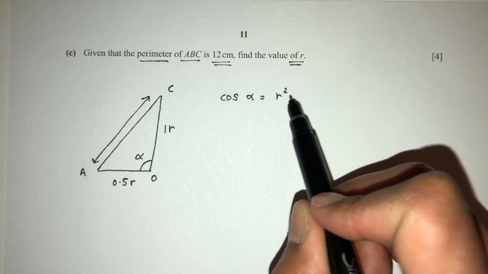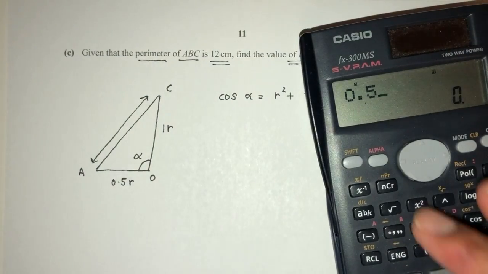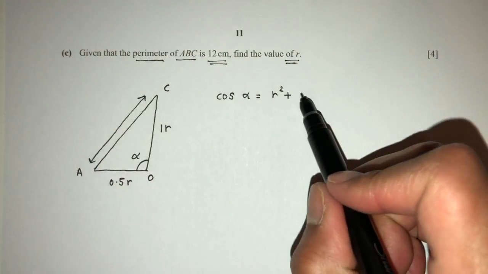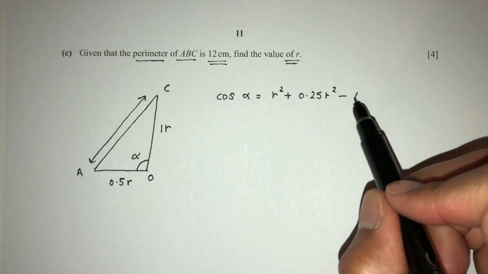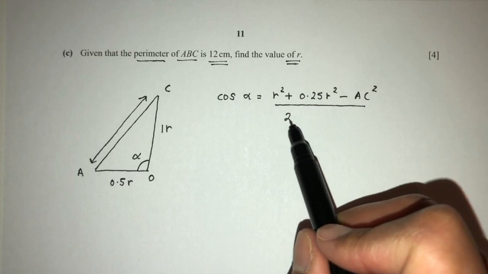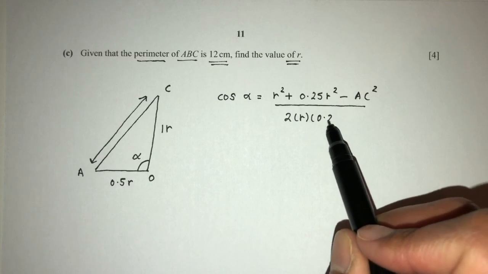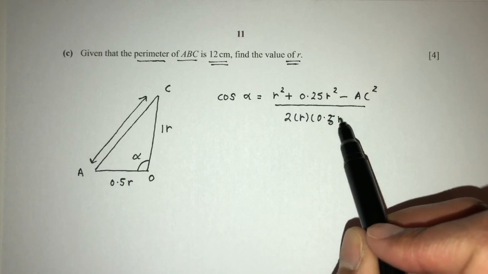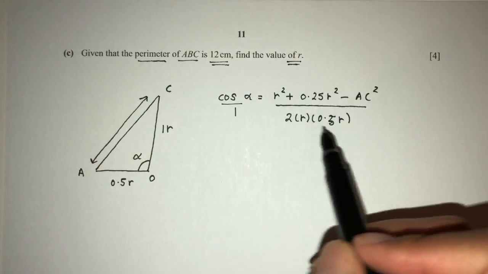R square. This square will be, what is 0.5 squared? That will be 0.25, minus this one AC square, divided by 2 times this side and the other side. Okay, now we have to solve for this value. First thing, we can just multiply this here.